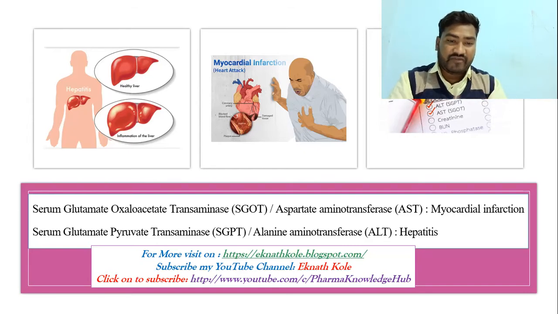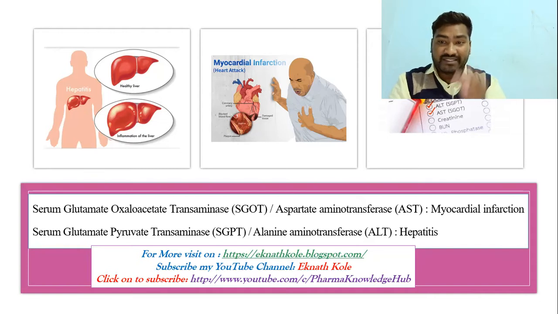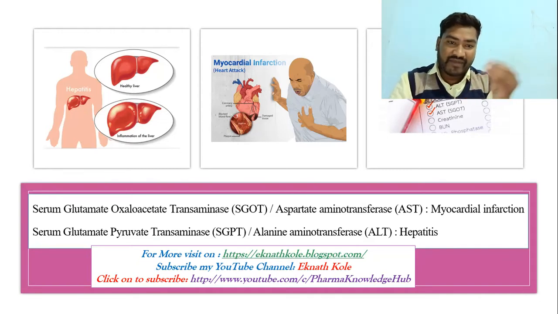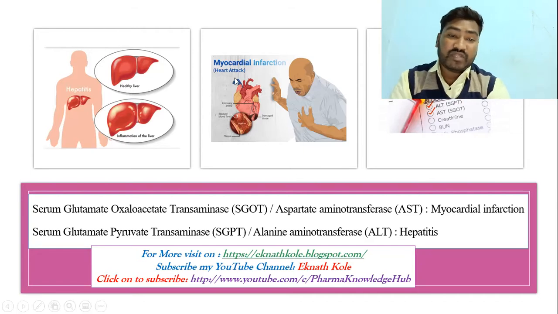Then the serum glutamate pyruvate transaminase, known as SGPT or alanine aminotransferase, can be useful to identify hepatitis. Hepatitis, you know very well, is a liver disorder or disease, with inflammation of the liver. You can see a healthy liver and an inflamed liver.